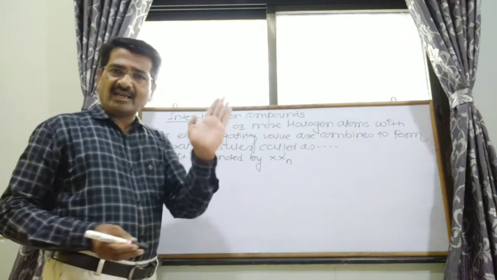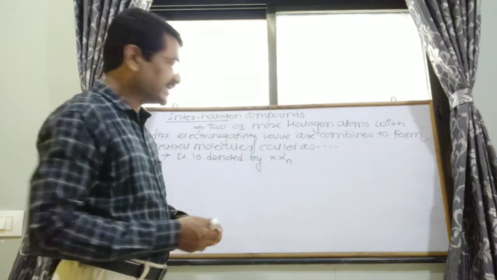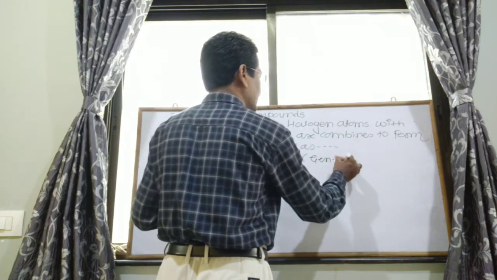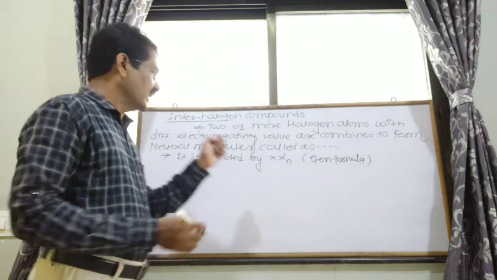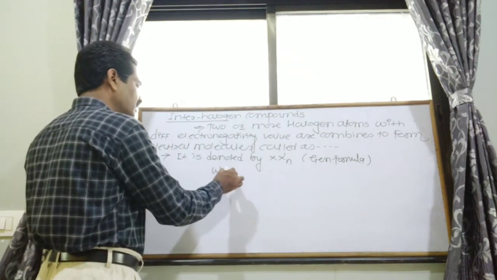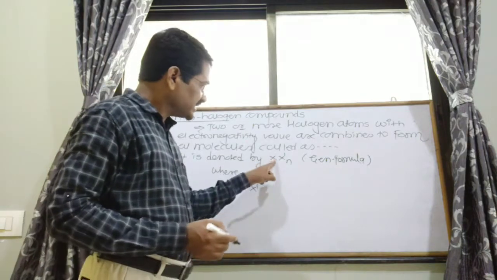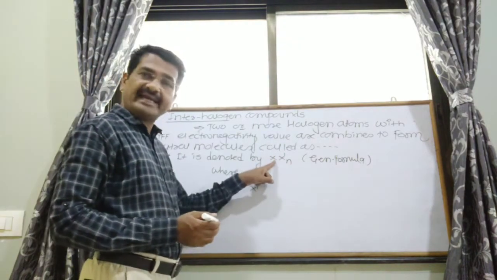So this is the general formula of interhalogen compounds, XX'n, where X is the parent halogen atom.